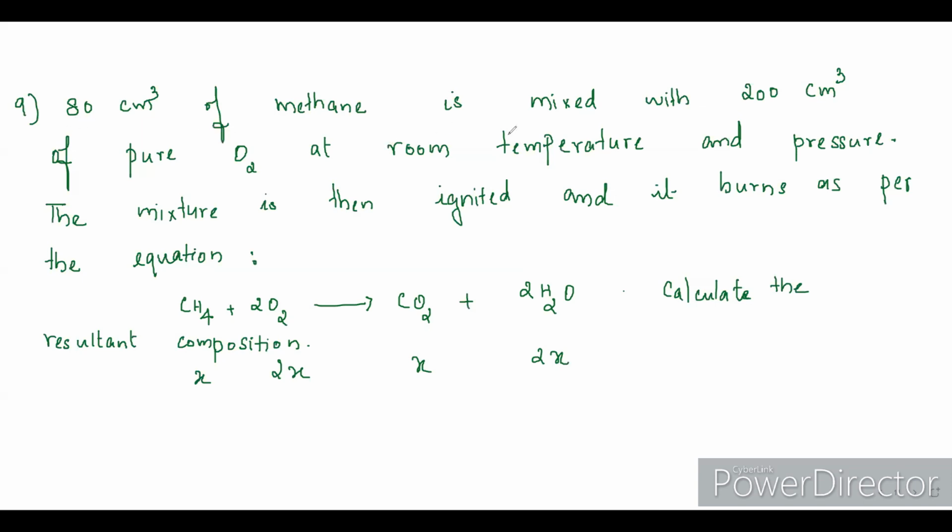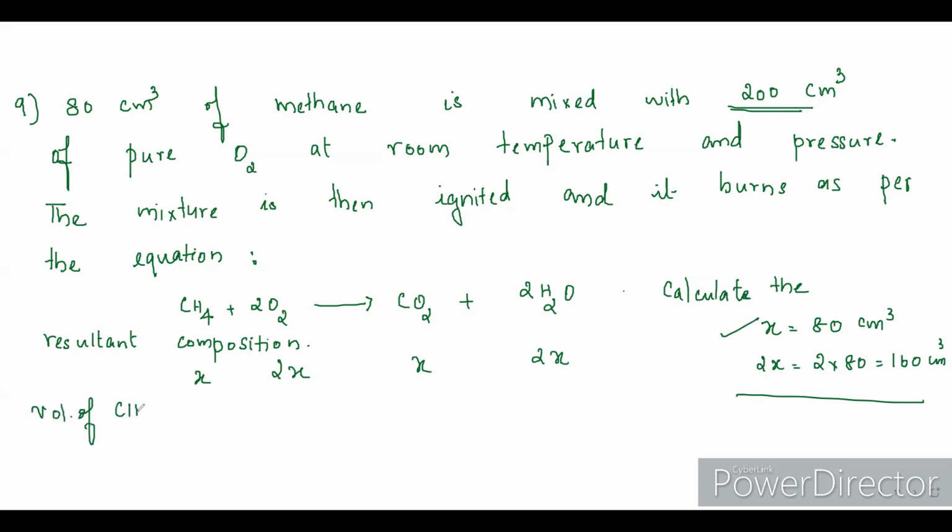80 centimeter cube of methane is taken. So if I take X is equal to 80 centimeter cube, I need 2x oxygen. 2x meaning 2 into 80, 160 centimeter cube of oxygen is needed. Do I have that? Yes, I do have, which means this is correct.